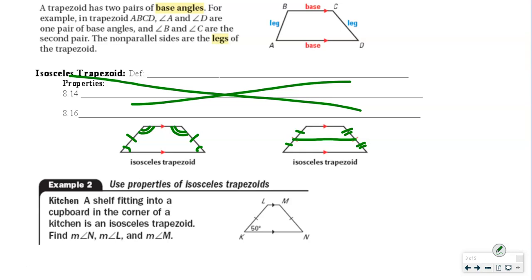But that would be a mid-segment, so a line going right through the middle, connecting the two legs that are parallel with the bases. So it's parallel with the bases, and the mid-segment is 1/2 the sum of the two bases added together. So if I added up the length of the top and the length of the bottom and divided by 2, that would be the length of this mid-segment.